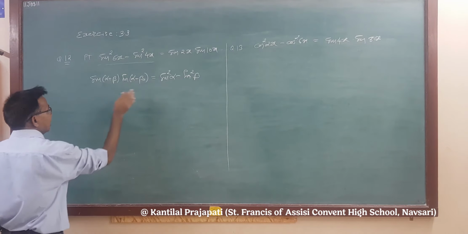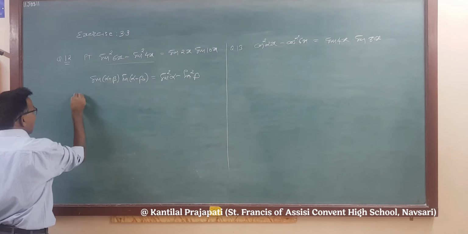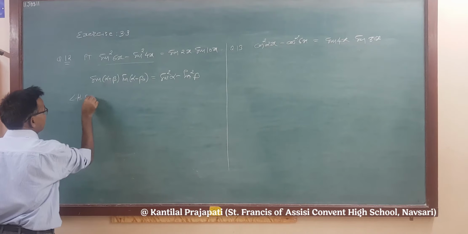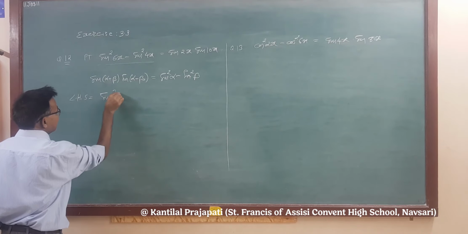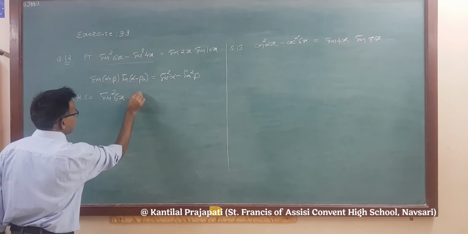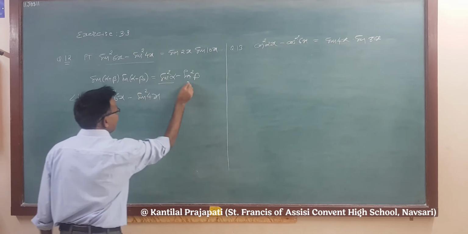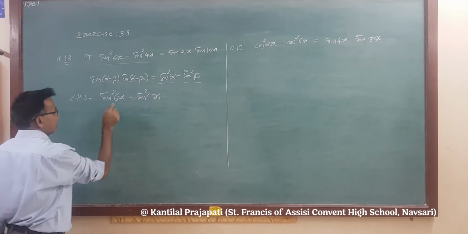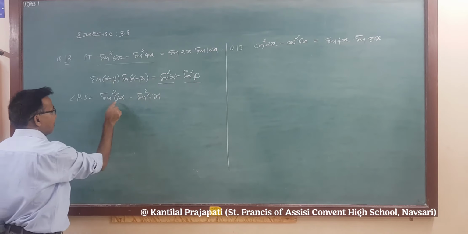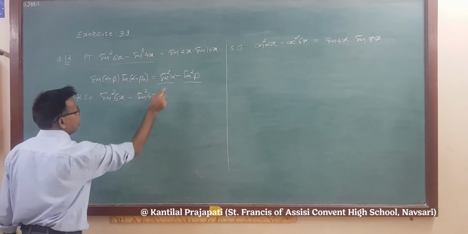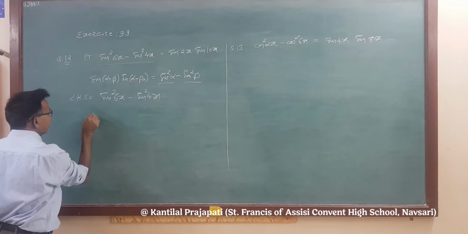So see here, LHS is equal to sin square 6x minus sin square 4x. So sin square alpha minus sin square beta. Here compare with this: alpha is equal to 6x and beta is equal to 4x. Substitute here.